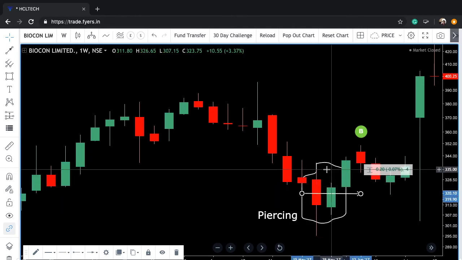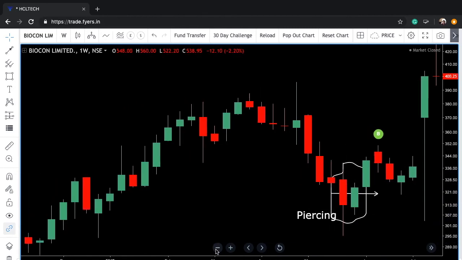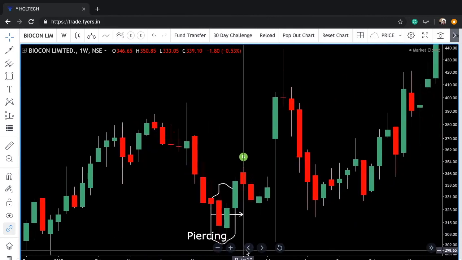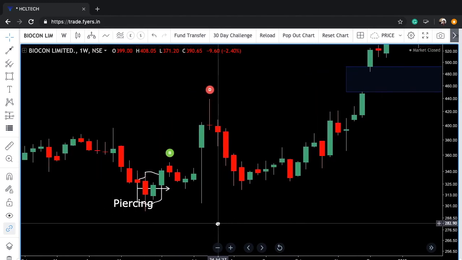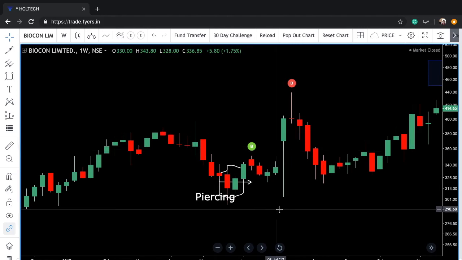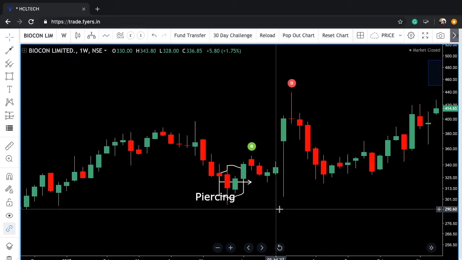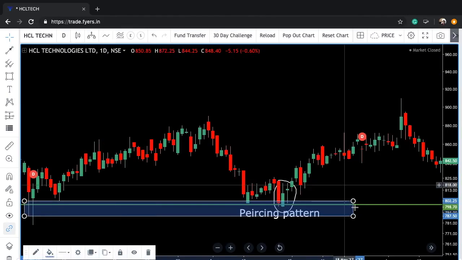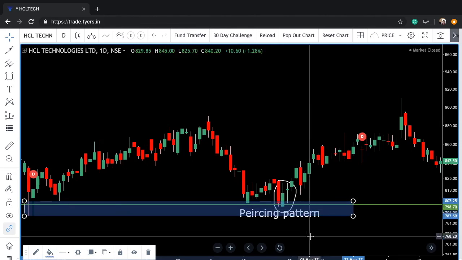So it is kind of pierced, and you can see how the movement post the piercing has happened, with the further up move. Just to give you an example, it has gone up all the way. So this is how a piercing pattern comes into play on a downtrend. Key differences, once again, are on the neck, in the neck thrusting pattern. So a 50% break is compulsory on a piercing pattern, and a piercing pattern appearing on a support or a resistance becomes very important as well.